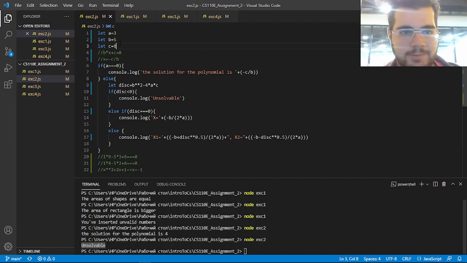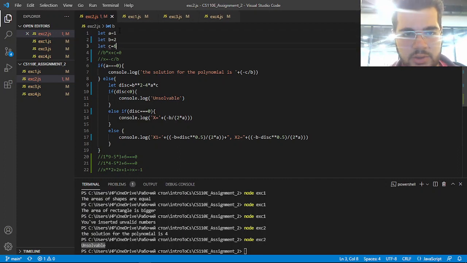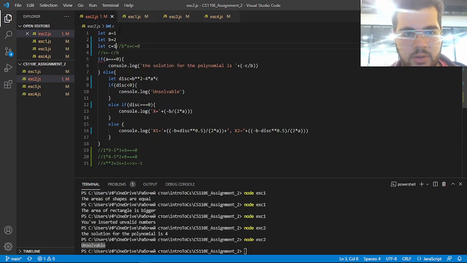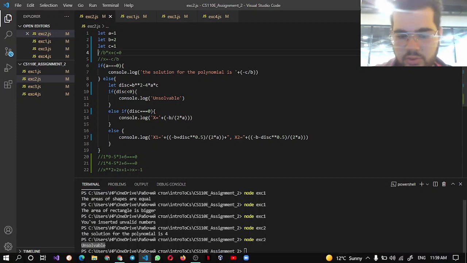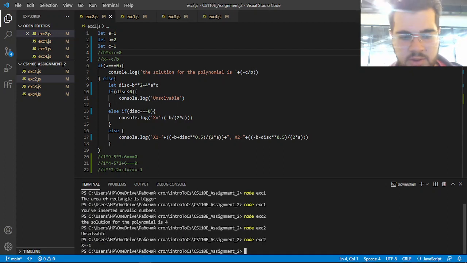And if we pick some numbers like this, which is a quadratic equation that has one solution, the program will tell us that it has one solution, and that solution is minus 1.